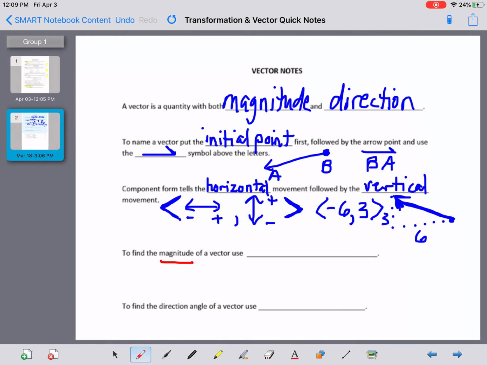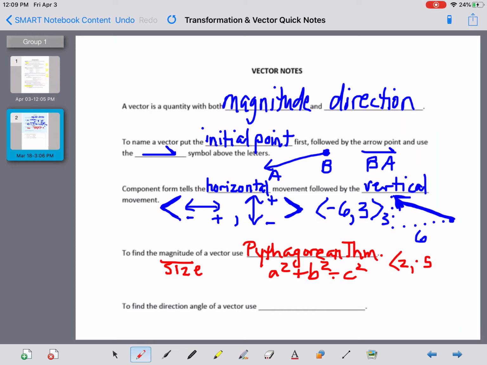To find the magnitude, or the size, of a vector, we're going to use the Pythagorean theorem, otherwise known as a squared plus b squared equals c squared. So if I have a vector like 2, -5, if you think about it, I start here, I go right 2 and down 5.